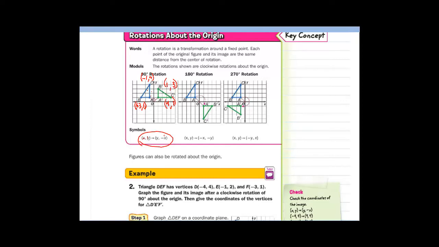If you do a 180 degree rotation, basically you're turning it twice. So not only does one of them switch signs, they both switch signs. They do not change places, however. So I would just say that x becomes a negative x, y becomes a negative y.